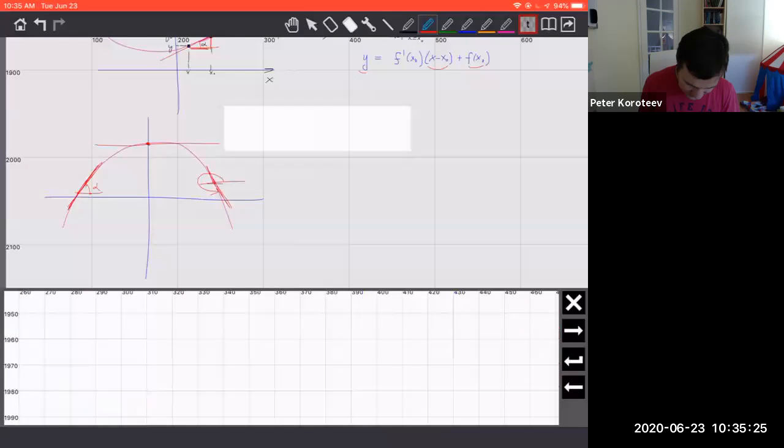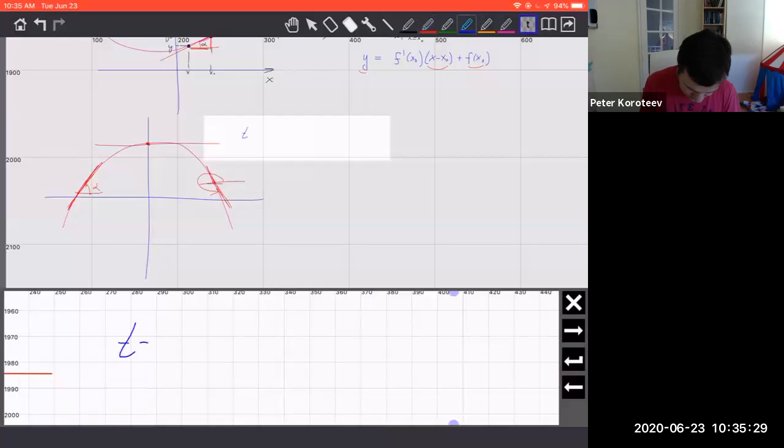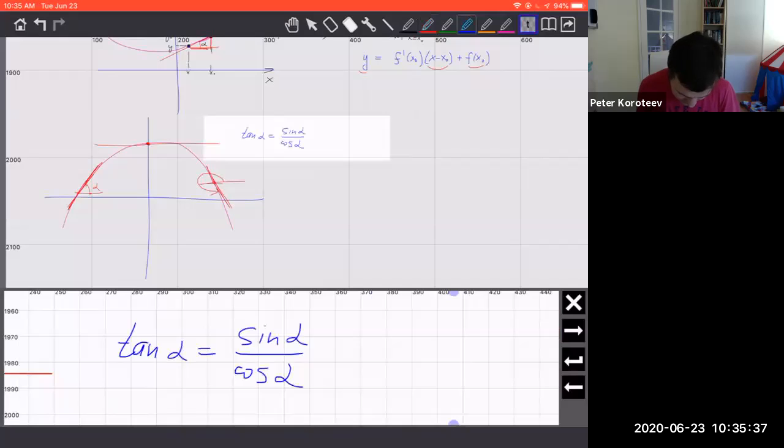So if you remember, tangent alpha is sine alpha divided by cosine alpha. When either sine or cosine is negative, but not at the same time, that tangent will be negative, right?